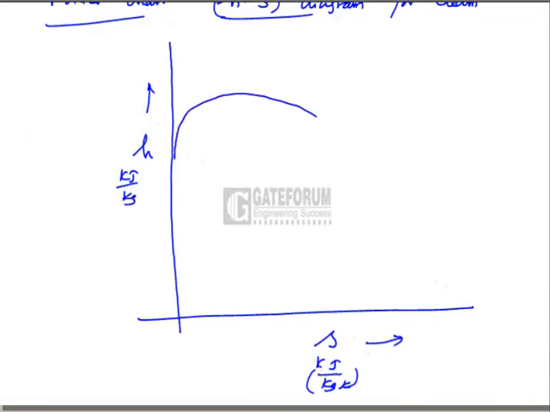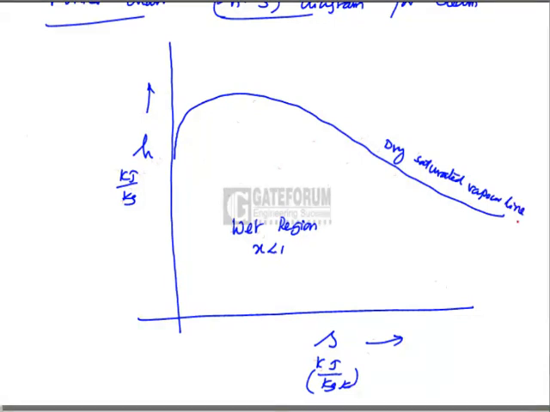It has a dry saturated vapor line dividing two domains, namely the wet region of the steam where dryness fraction is less than 1, and the dry saturated vapor line has x equal to 1, and above the dry saturated vapor line it is the superheated region.